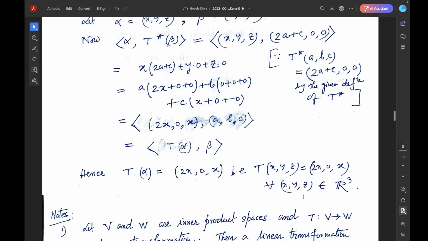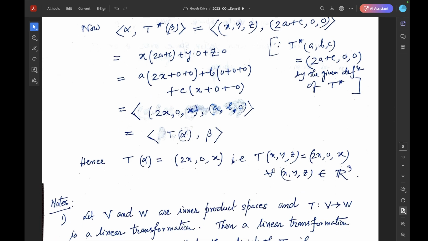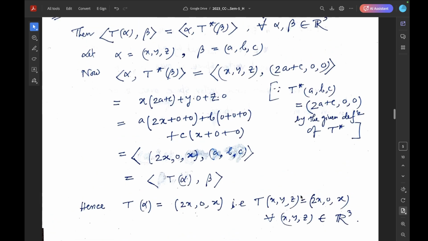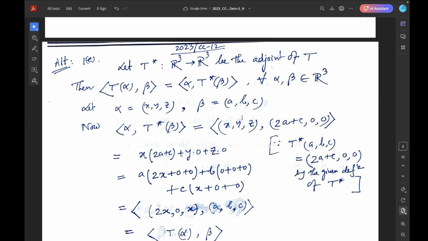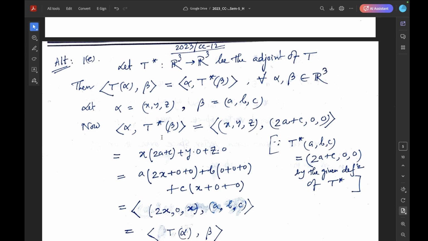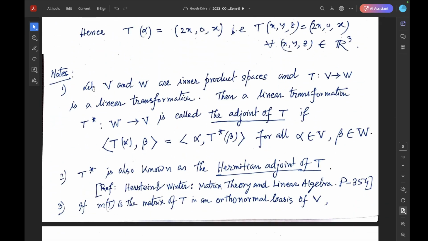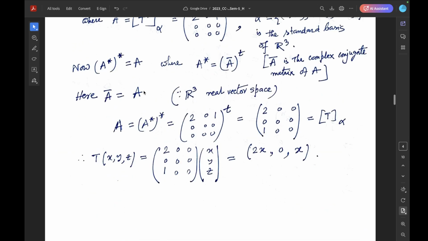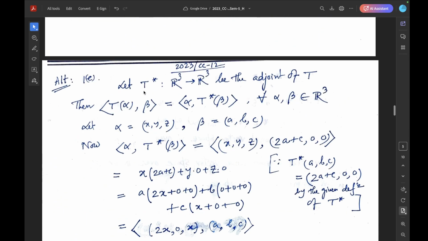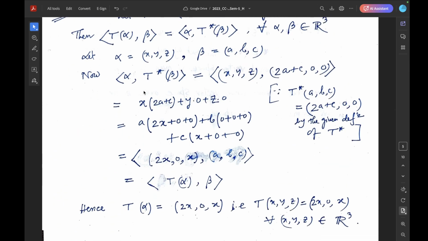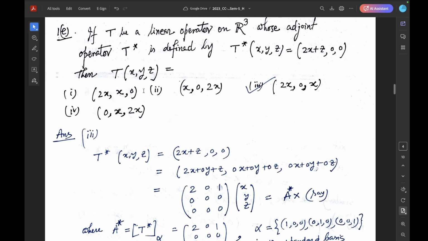So T(x, y, z) equals (2x, 0, x) for all triplets (x, y, z) belonging to R3. And this is the best way to compute this T star or T. So the correct option is (2x, 0, x). So the correct option is 3. Correct option is 3.